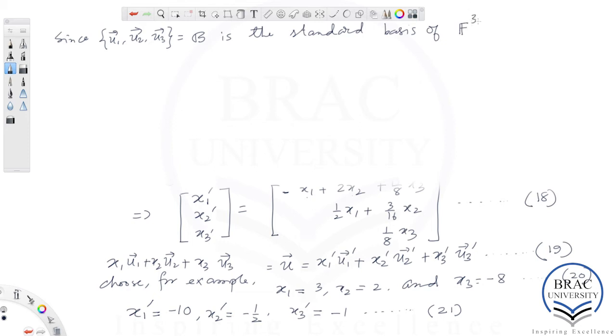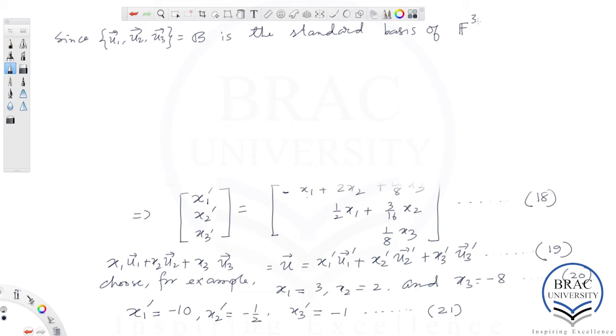Okay, so I think in some places I have been saying that it's the standard basis of R3. But I should have said it's the standard basis of F3 because we are considering a subfield of the complex numbers, which is not necessarily the subfield R of real numbers. It can be any other subfield.